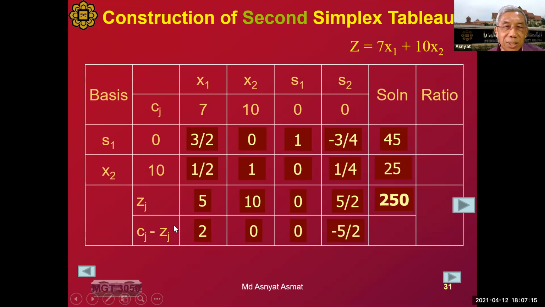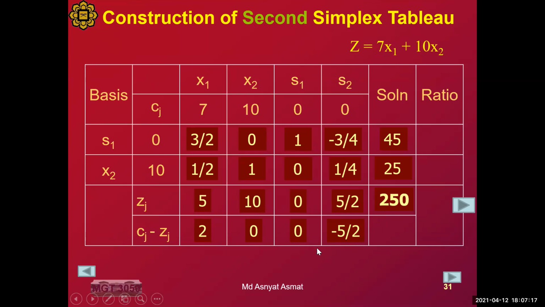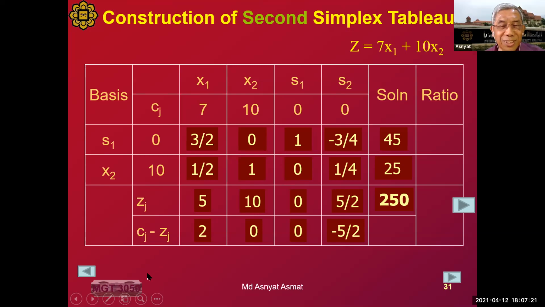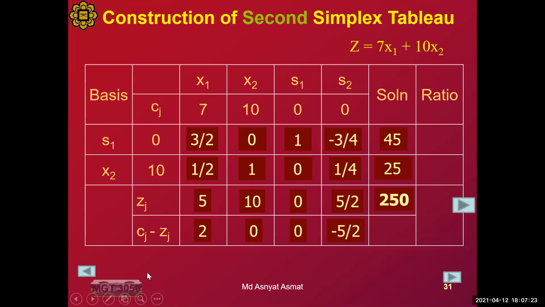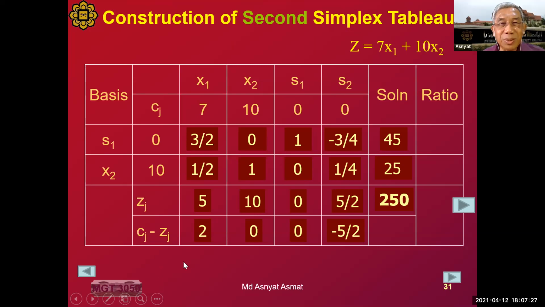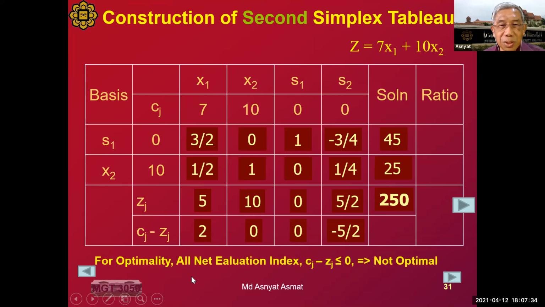Does it qualify that condition now? Not yet. No. Oh dear. So I have to do one more round. Go to step 1. That means this solution is not optimal. It doesn't satisfy this condition, so we have to do it again.